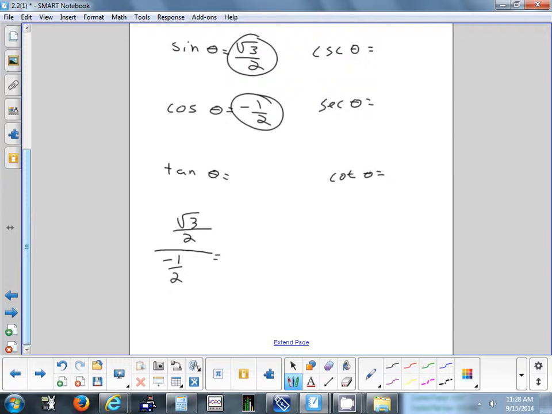Yeah, multiply by the reciprocal. When you flip it, the 2's are going to cancel out. So you get root 3 over 2 times -2 over 1, and all you're left with is negative square root 3. Any questions on how we got the sine, cosine, or tangent?